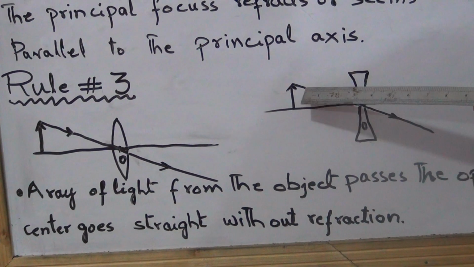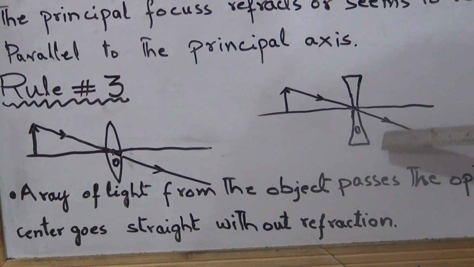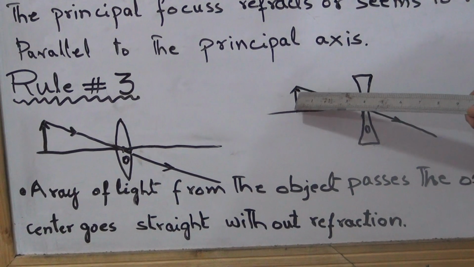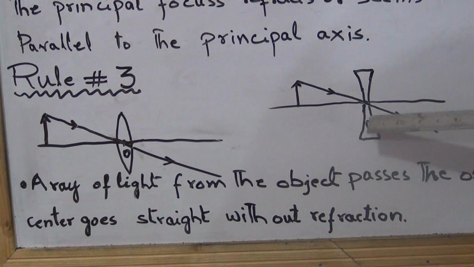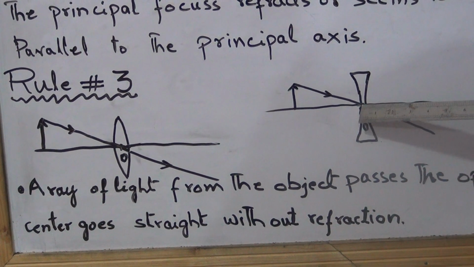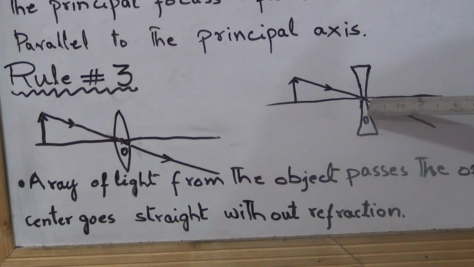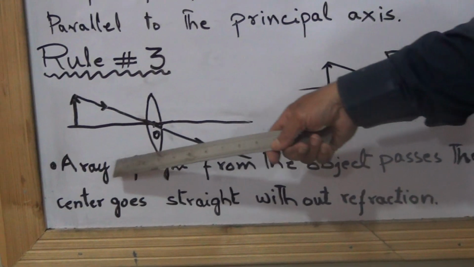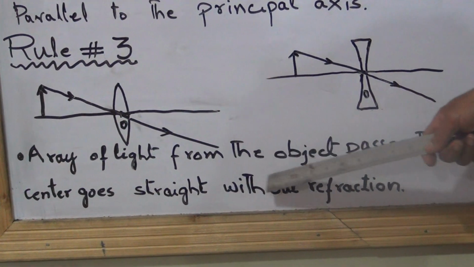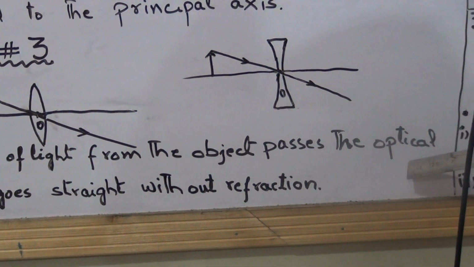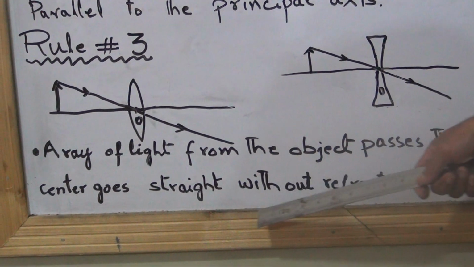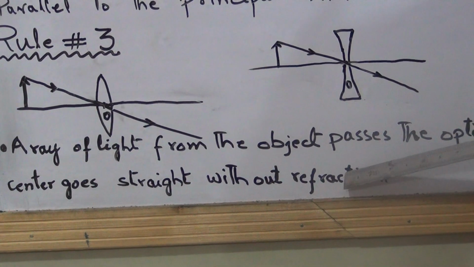Likewise in the concave lens, the same process: a ray of light from the object striking at the optical center of the lens goes straight without refraction. You can write it: a ray of light from the object passing the optical center goes straight without refraction.